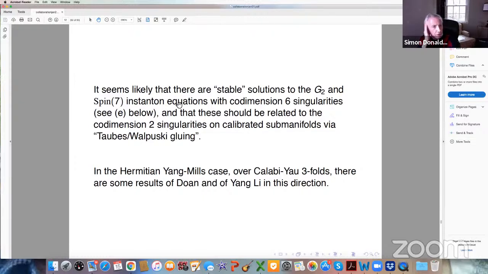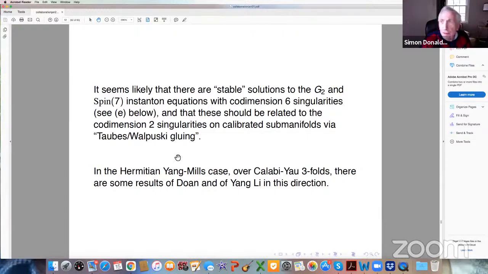Or in the reverse direction, following very old work of Taubes in the 4-dimensional case, and Walpuski, one can construct these G2 instantons and Spin(7) instantons by gluing in 4-dimensional instantons transverse to a calibrated submanifold, roughly speaking. So one could imagine that there will be some version of that involving solutions with these higher codimension singularities.